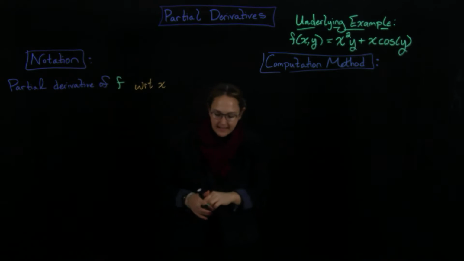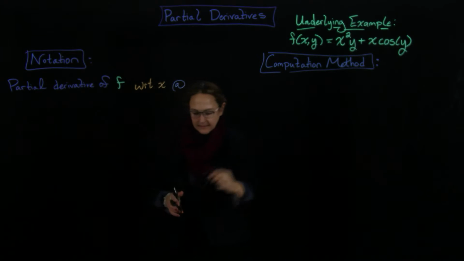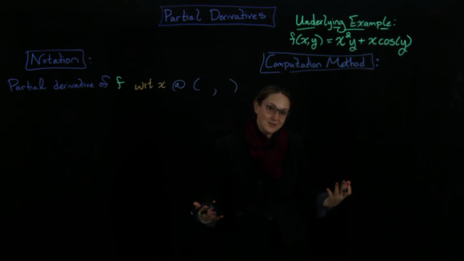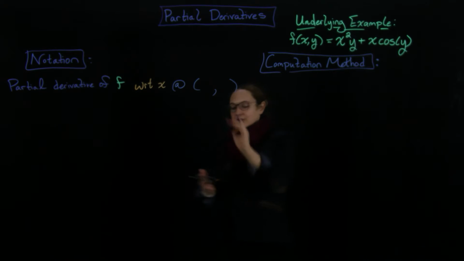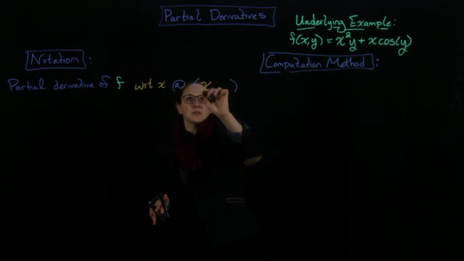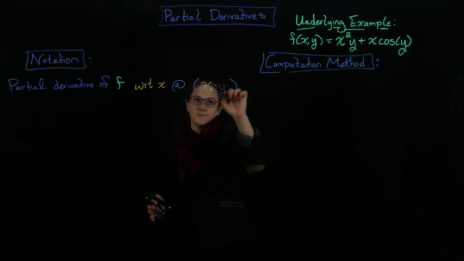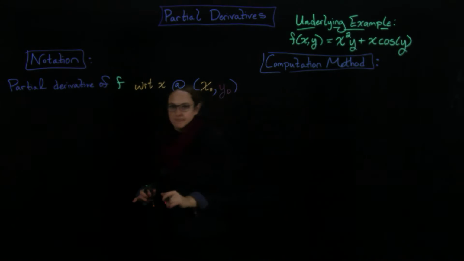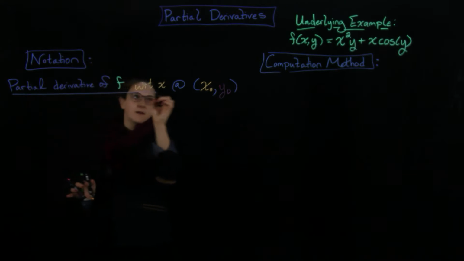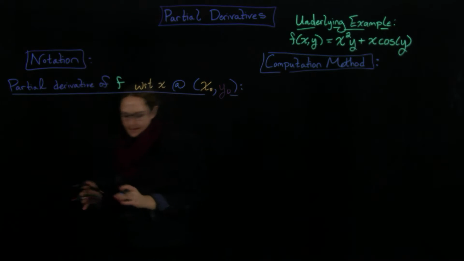Just like when we do derivatives, you could evaluate at a particular point, or you could leave it as a function. If you want to evaluate it at a particular point, x naught, y naught, we're going to show you how to do that. So this is the point x naught, y naught. We'll do both sides.